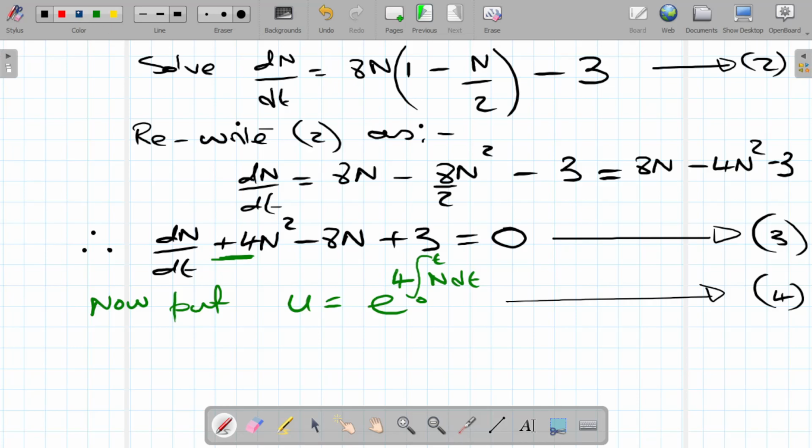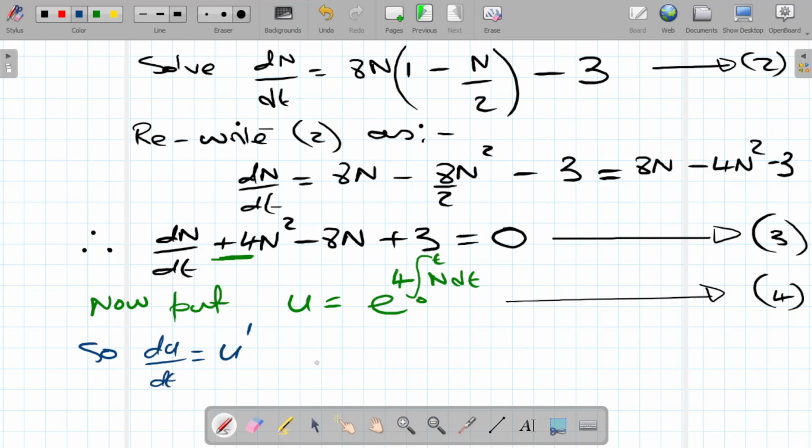Right. Now let's do this bit in green. So the derivative of u with respect to t is u prime. So u prime is the same as du by dt.